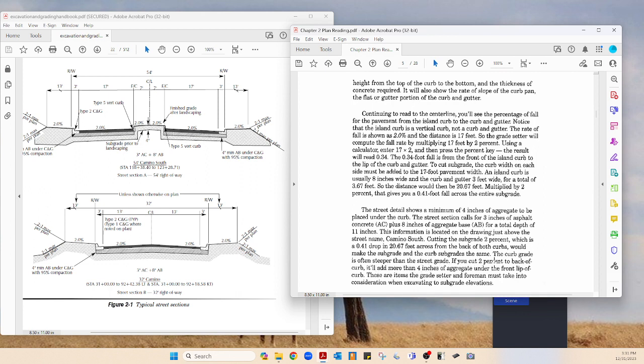If you cut 2% to back of curb, it'll add more than 4 inches of aggregate under the front lip of the curb. These are items the grade setter and foreman must need to know.